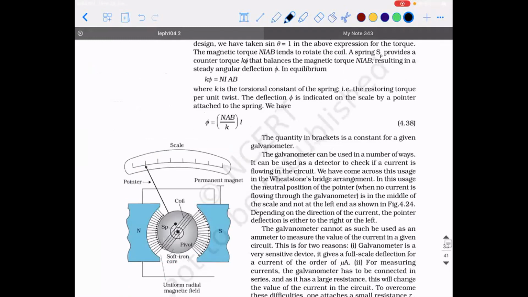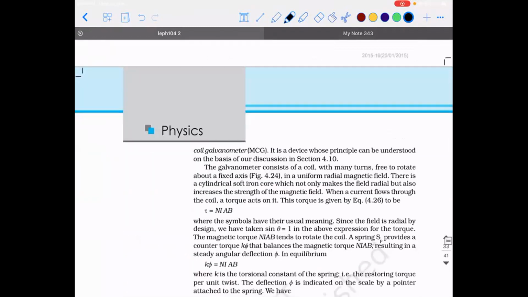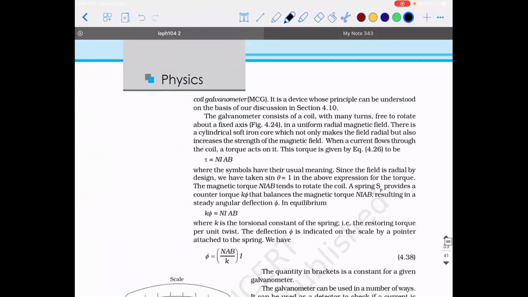First we need to understand the principle on which a galvanometer works. Please write down the heading as principle of a moving coil galvanometer. Write it down.